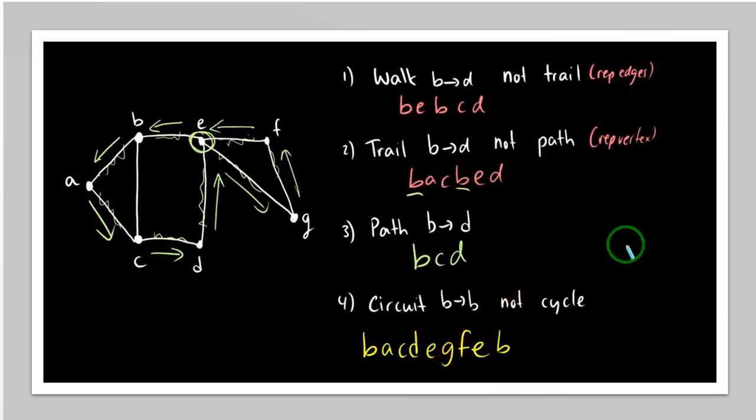So coming to the summary, which is most important, we have a walk BD that is not a trail. Not a trail means the edges are repeated. So from B to D, it can move from B to E, then E to B, then back along this one, then this one, and then this one.